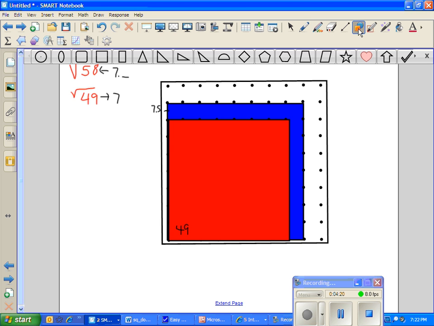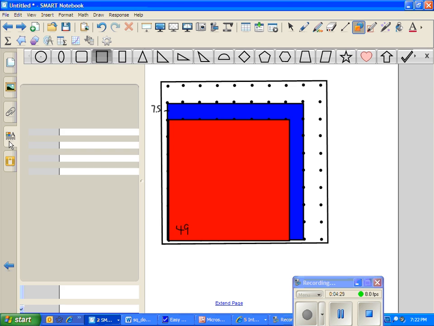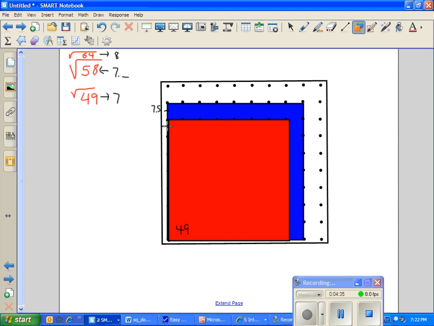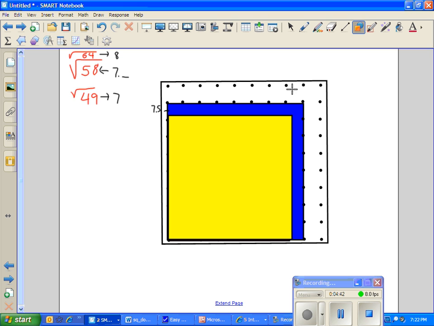So just to show you what it looked like, because we figured it was somewhere around 7.7 or 7.8. If I pick yellow, we figured out that that 58 area square is higher than 7.5, but not as big as blue.